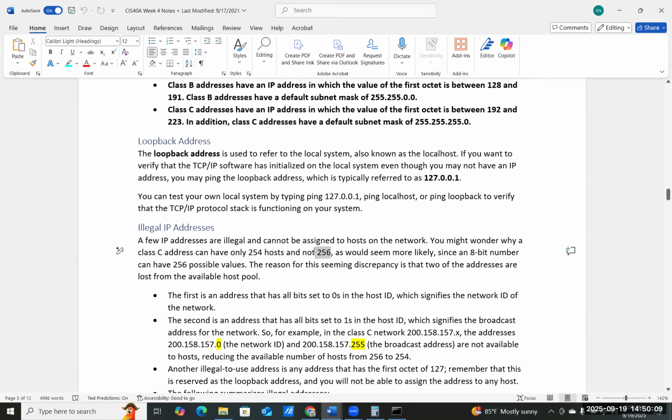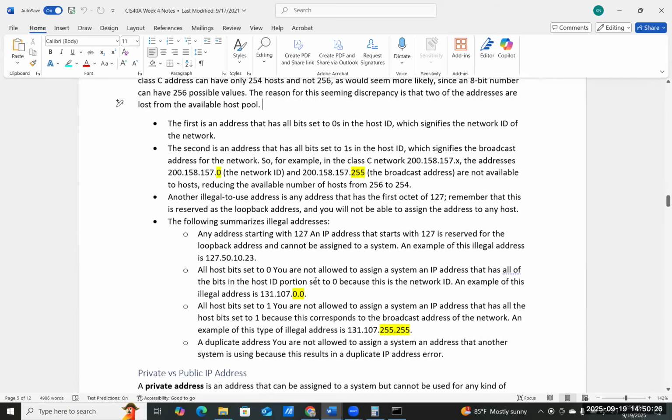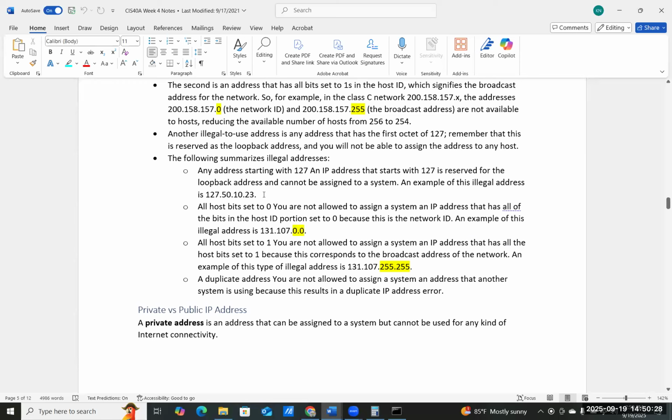We do not use 256, that just surpasses the 255, that's beyond your 8 bits. And then the 0 for network ID and the broadcast ID for the host, you don't want that. Those are non-usable for endpoint systems or host systems.